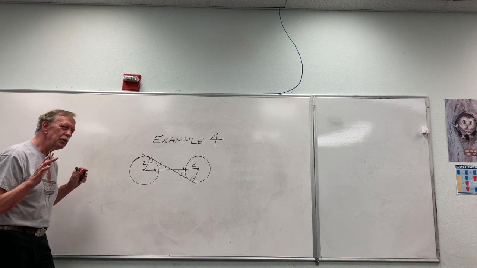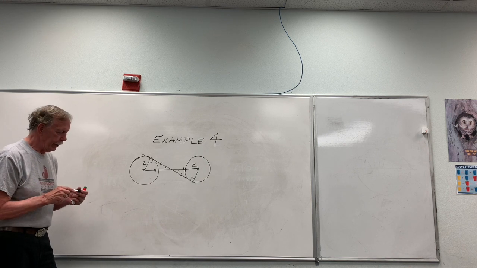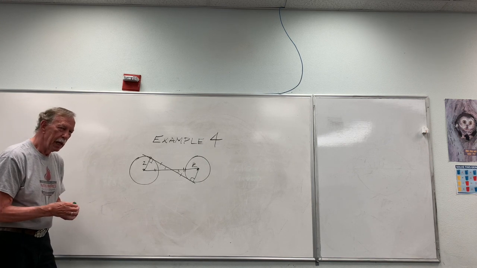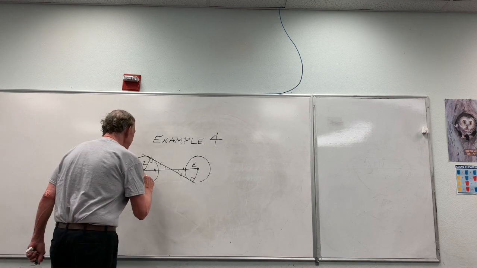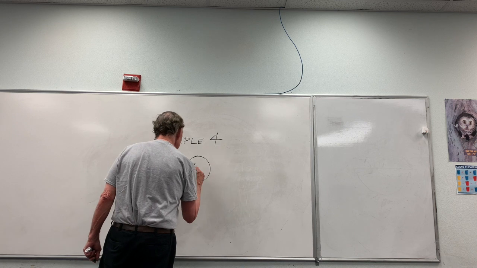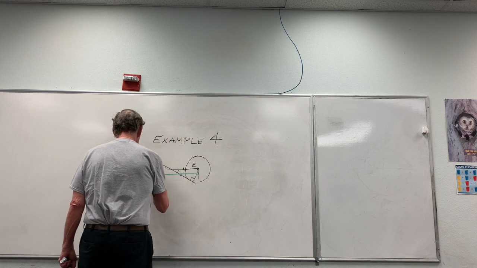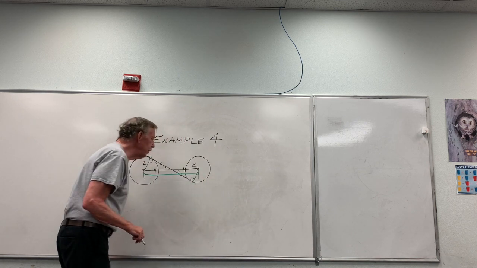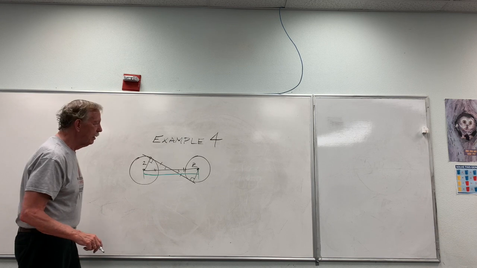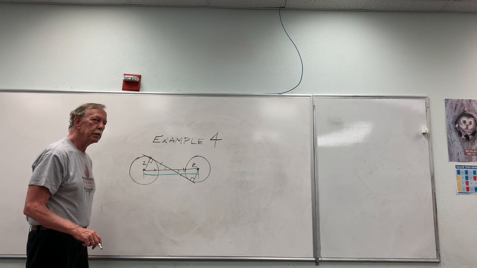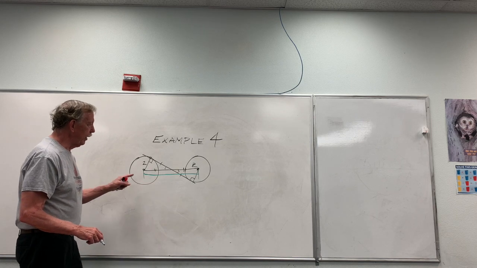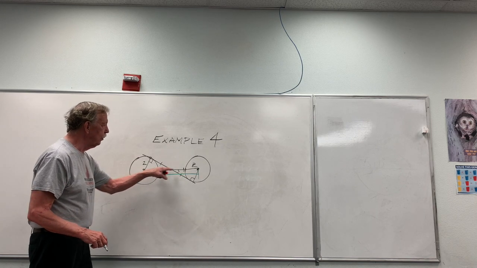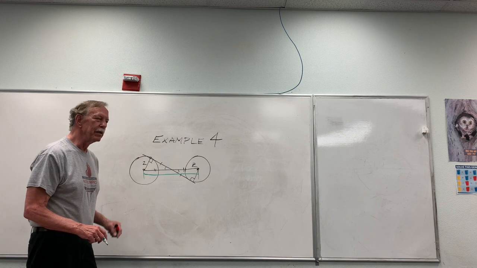Now think for just a minute. In problems, they're not going to make it quite this simple. They're going to give you this distance here and ask for you to figure it out. You know, if that's the total distance, each one of these pieces is half of it.